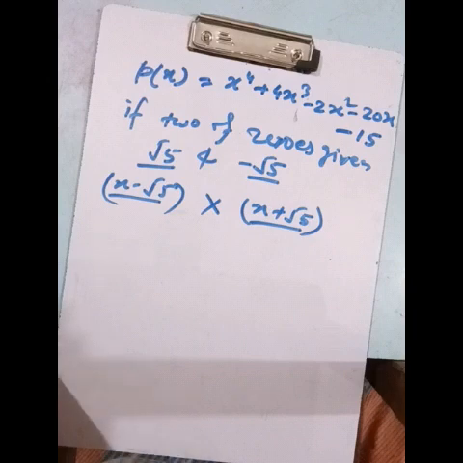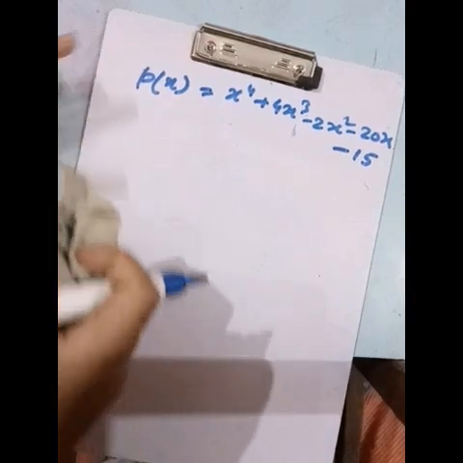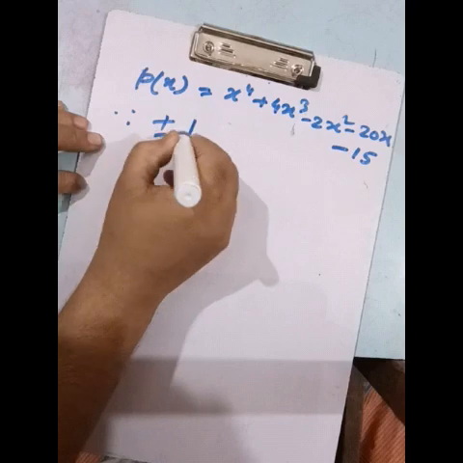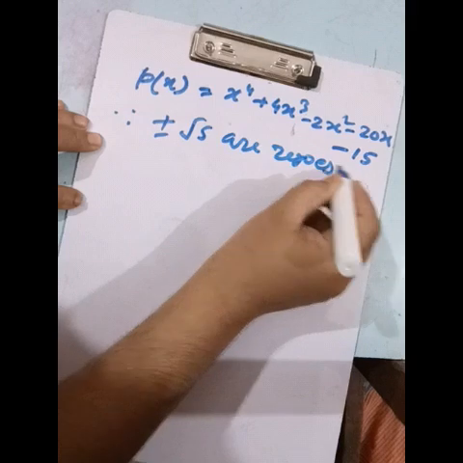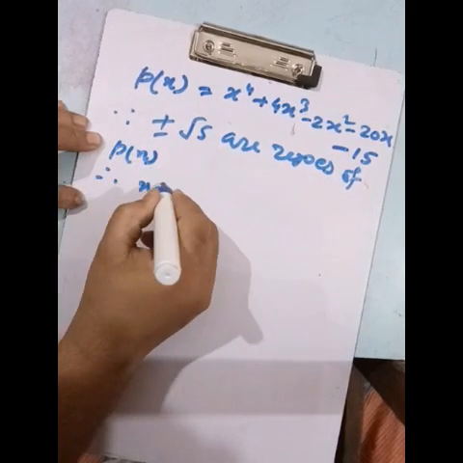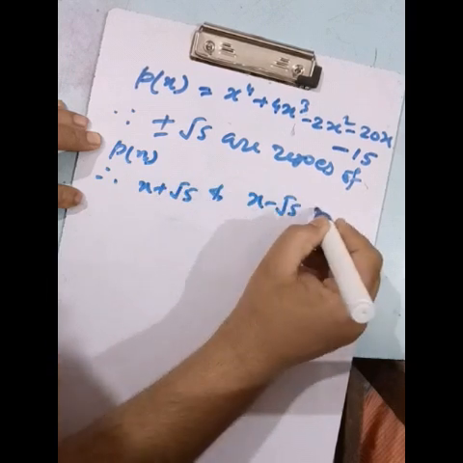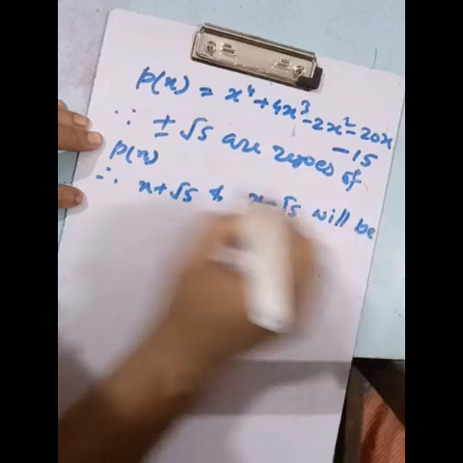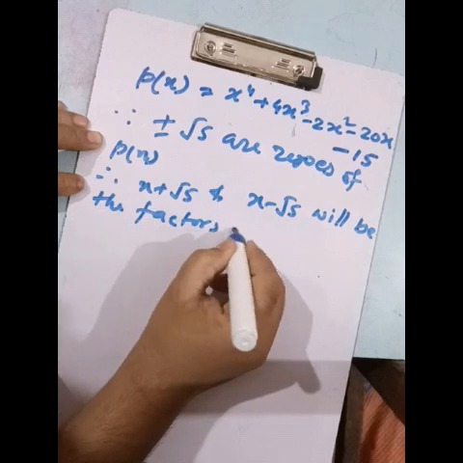We will write here, given p(x) is equal to this, then we will write, since plus minus root 5 are zeros of p(x), therefore x plus root 5 and x minus root 5 will be the factors of p(x).